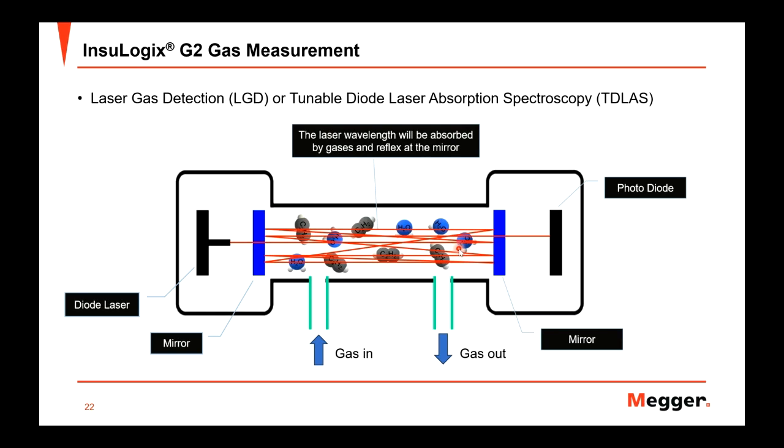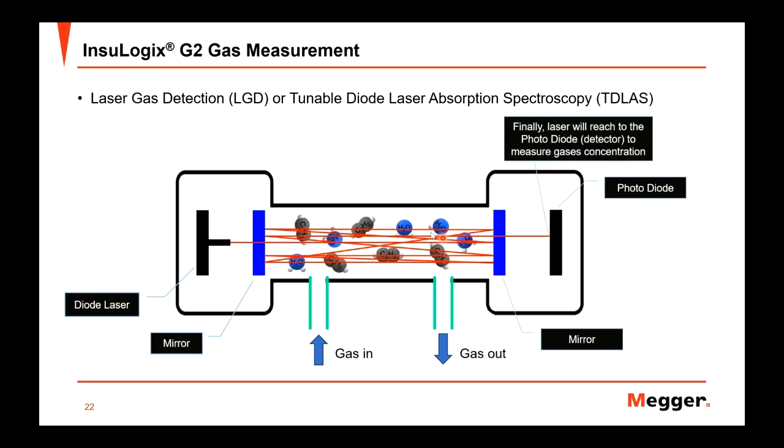The laser will be absorbed by the gases here, and the laser wavelength will be measured by the photodiode, and then you can measure the amount of the gases that are inside of this chamber. Very simple. This is the way of gas in and way of gas out.